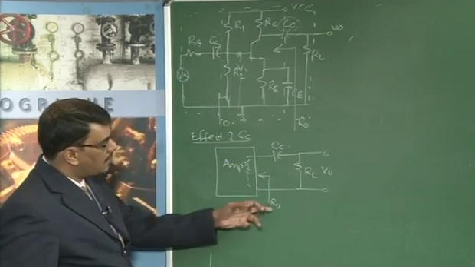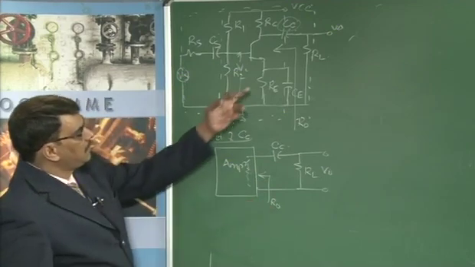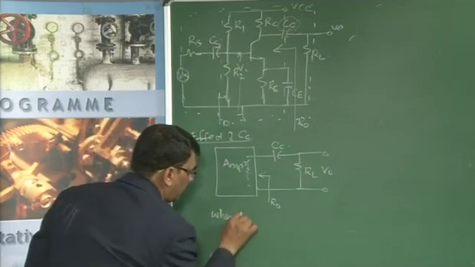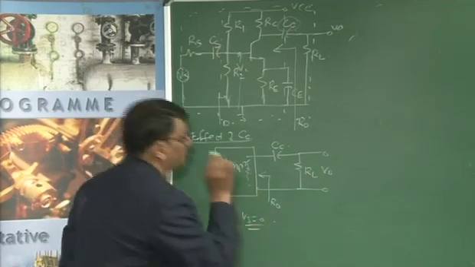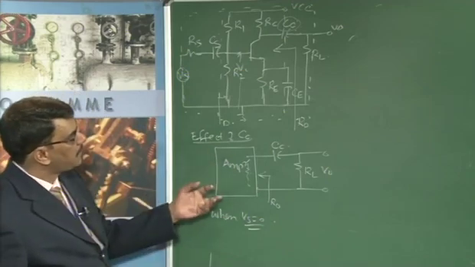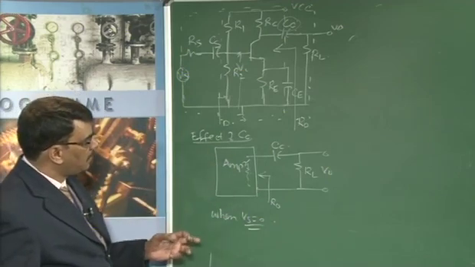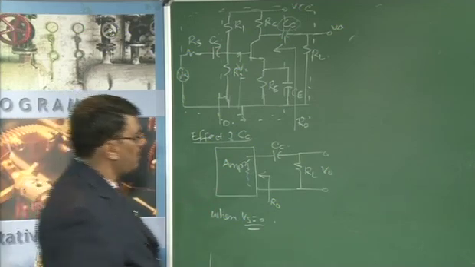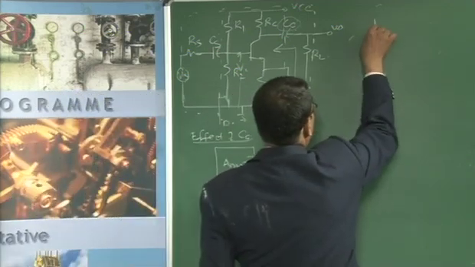That R0 is nothing but the output impedance of the network when Vs is equal to 0. Then this amplifier circuit is to be replaced with the small signal transistor model, and R naught is defined as something like this.